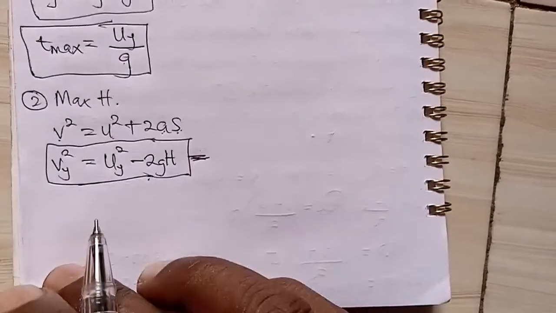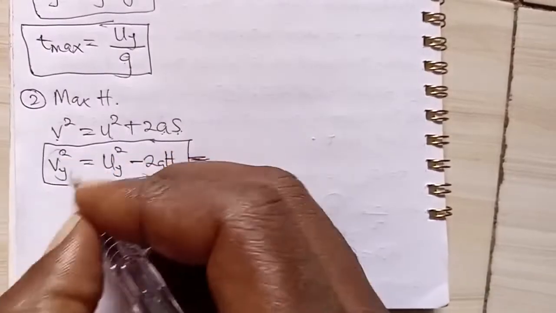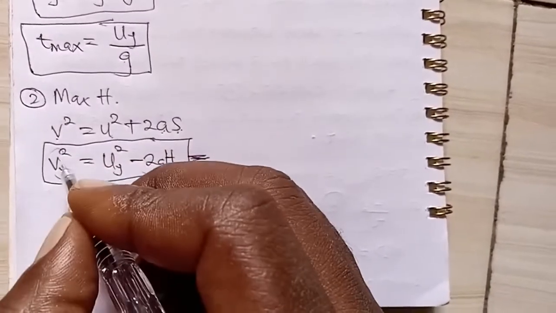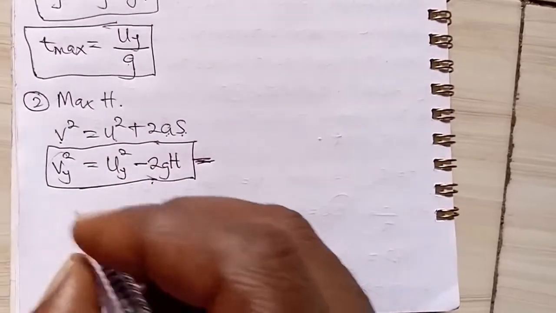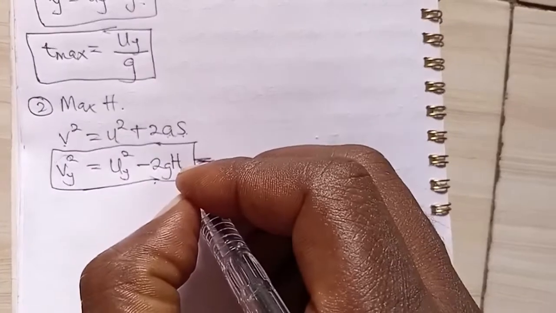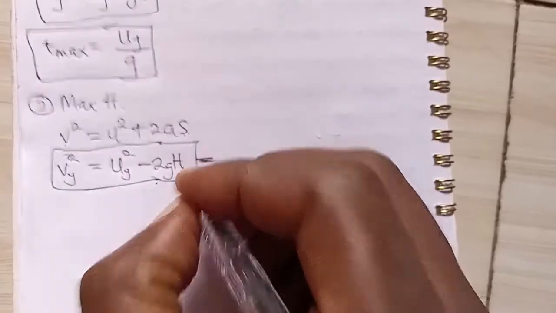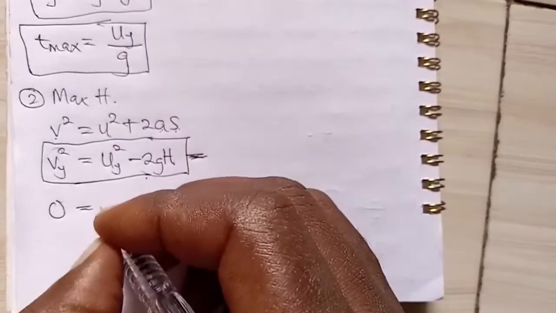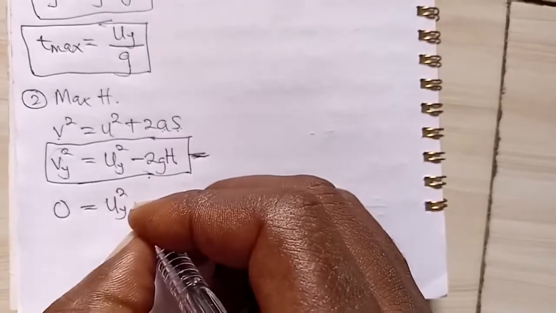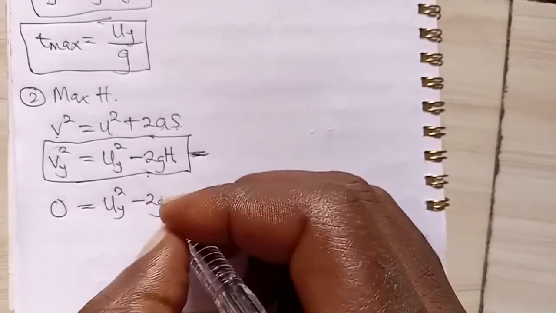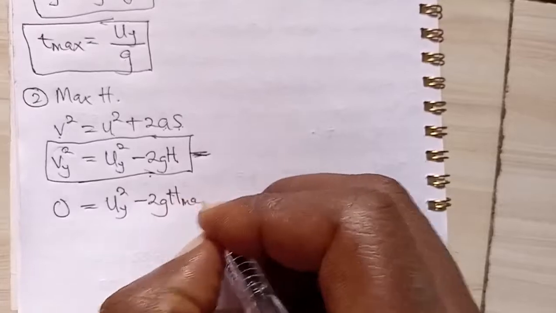But when it has gotten to maximum height, vy becomes zero. So if this becomes zero, we can now say that this is now h max. So we can now have that zero is equal to uy squared minus 2g h max.